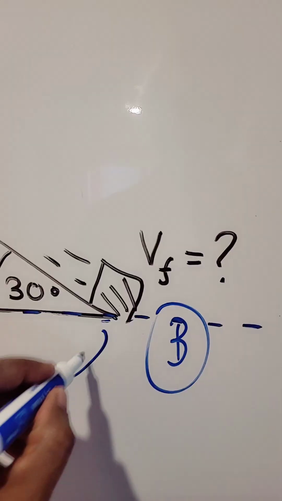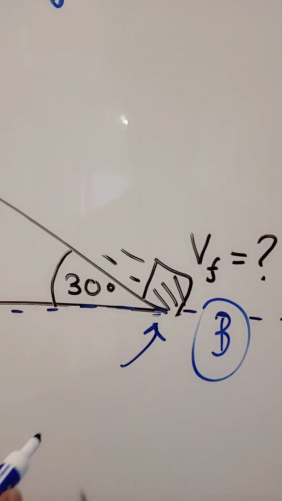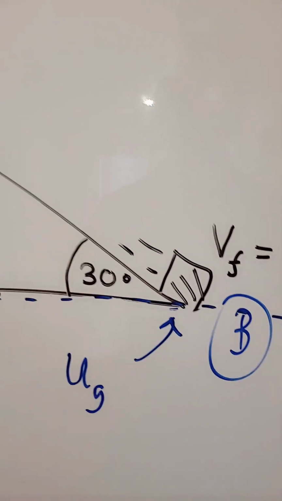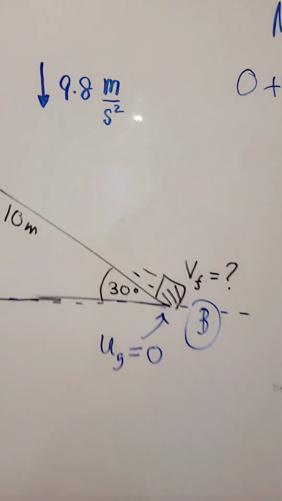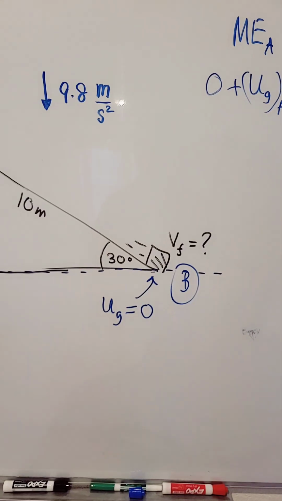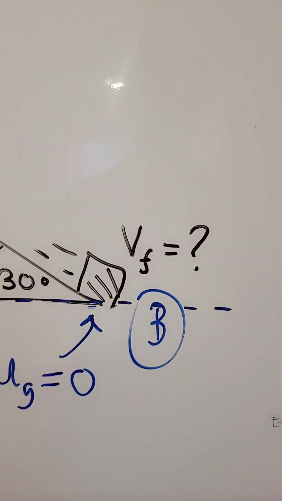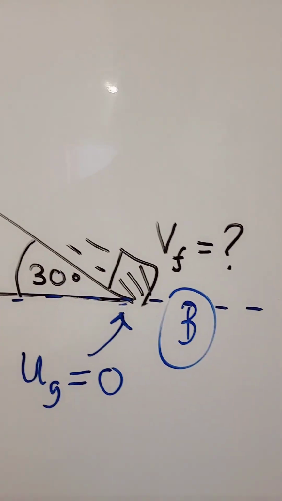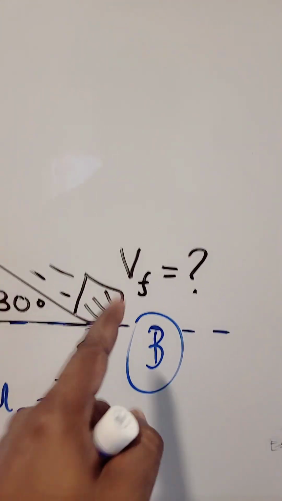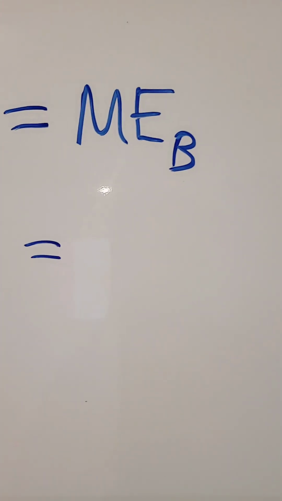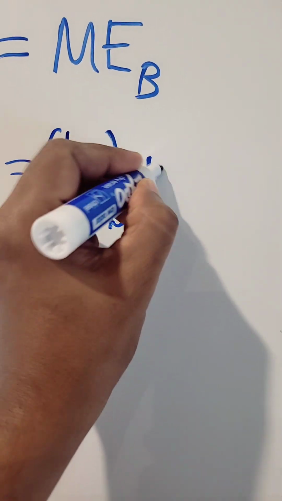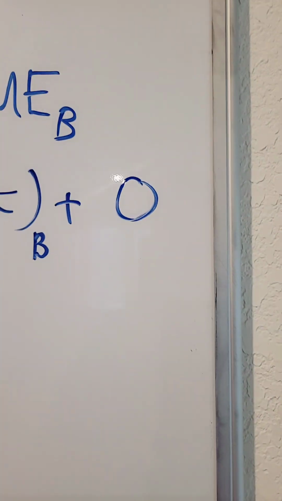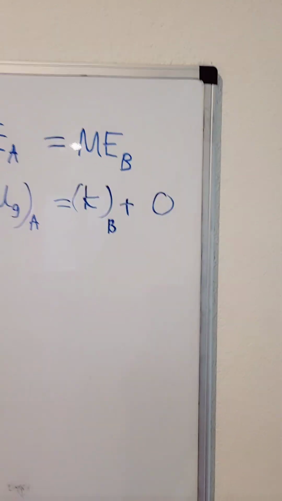So we assume that the system's potential energy due to gravity when the object reaches this level is 0. When the object reaches this point, the system has no gravitational potential energy, but it has kinetic energy. So I'm going to write down mechanical energy at point B as kinetic energy at point B plus potential energy, which is 0.